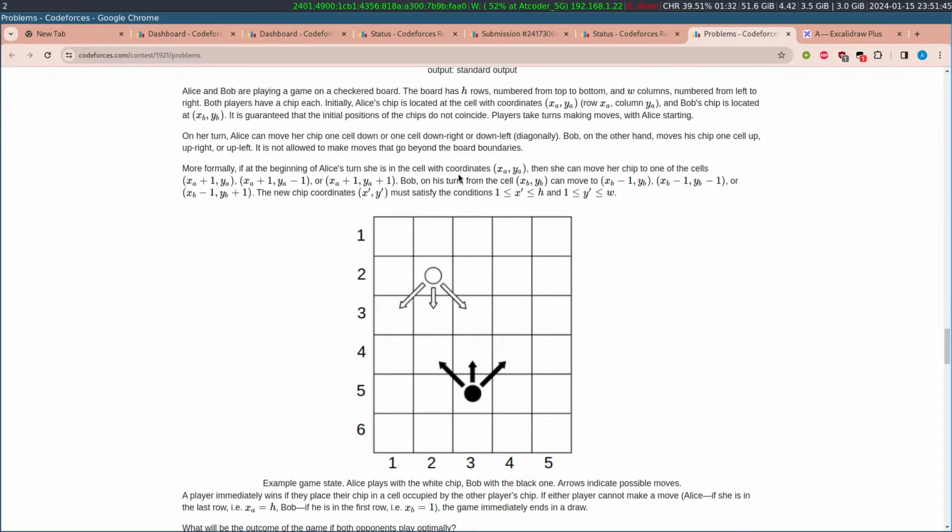And what you can notice is there are two possible moves over here. In Alice's turn, she will move to x equal to 3. In Bob's turn, he will move to x equal to 4. And in the next turn, Alice would be at x equal to 3. So Alice will move 2 times and Bob will move only once.